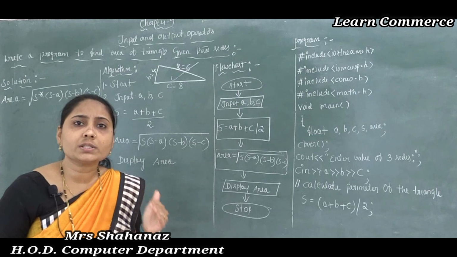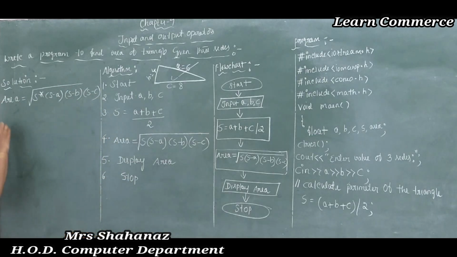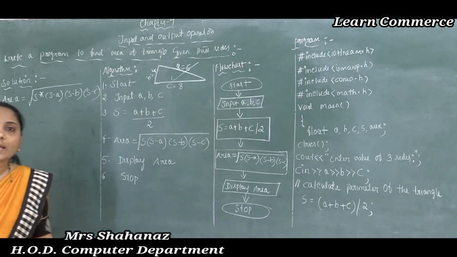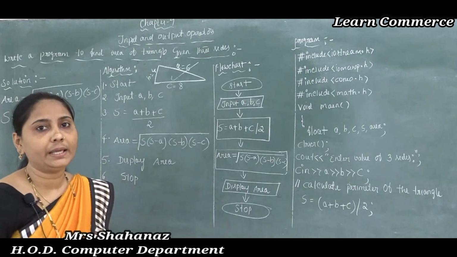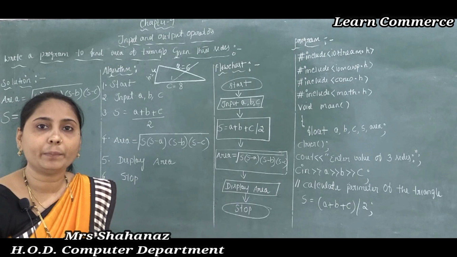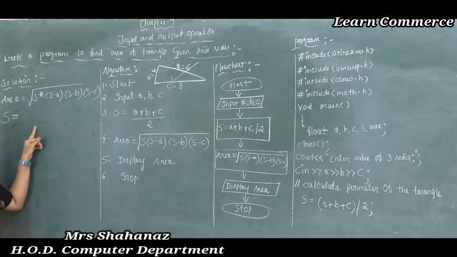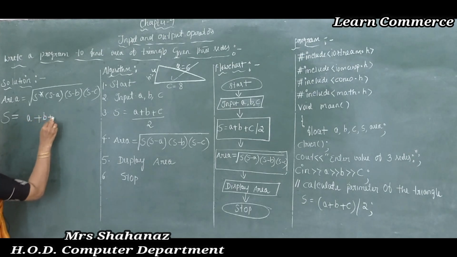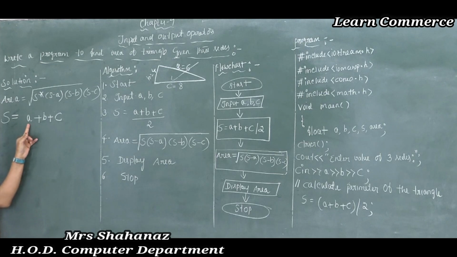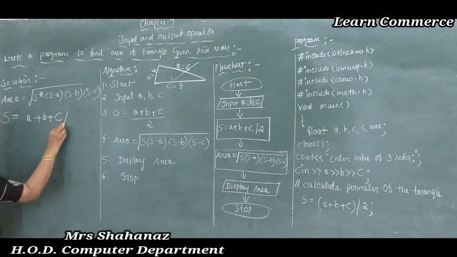Now what is the meaning of s here? The s is equal to the semi-perimeter. Now how do we find the semi-perimeter? The semi-perimeter formula is a plus b plus c divided by 2.